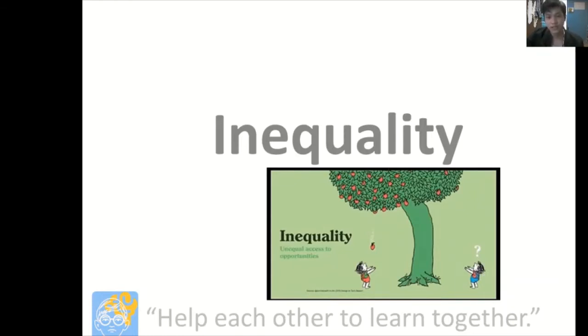According to Oxford Languages, inequality is the differences among the sizes, degrees, and circumstances. In my own terms, inequality is between yes and no. In this picture, one kid receives something, but the other one doesn't, so it's between yes and no, between 1 and 0, or 0 to 1.